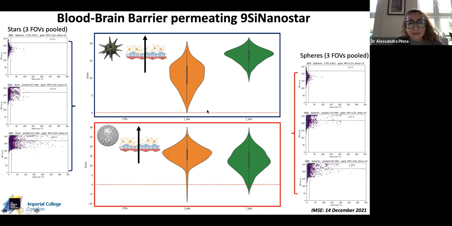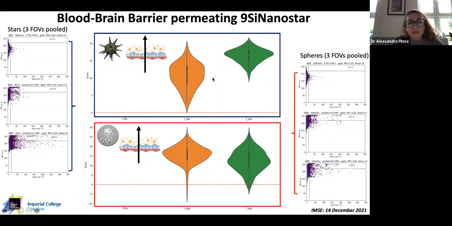In this graph, we are reading the BBB in the opposite direction from what we saw before, because the confocal is reading from the bottom to the top. And we can see that the star-shaped nanoparticles can cross the blood-brain barrier better than the spherical ones. This red line here represents the membrane.